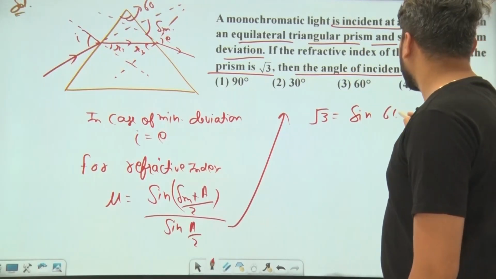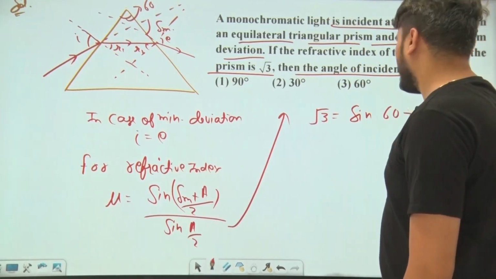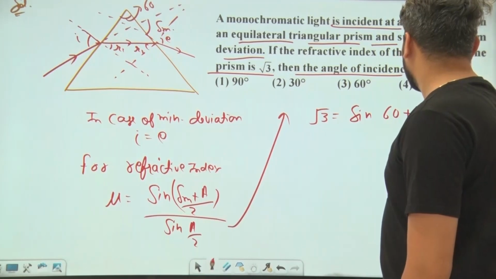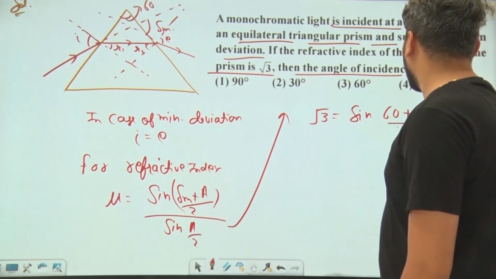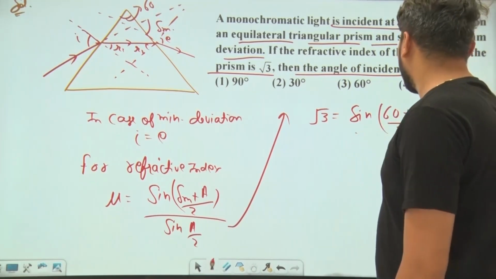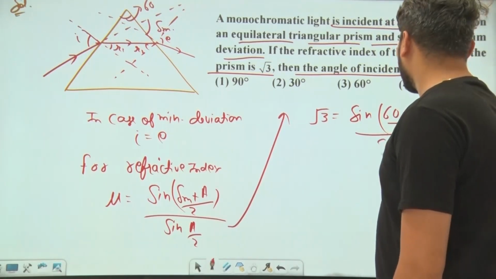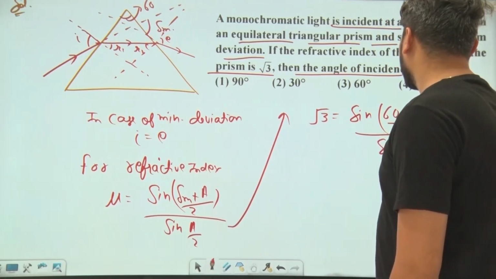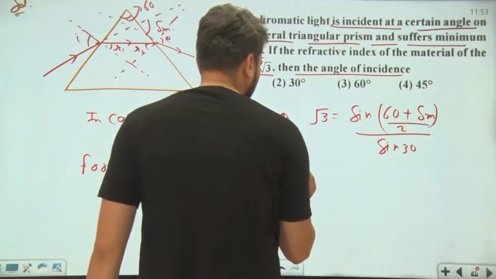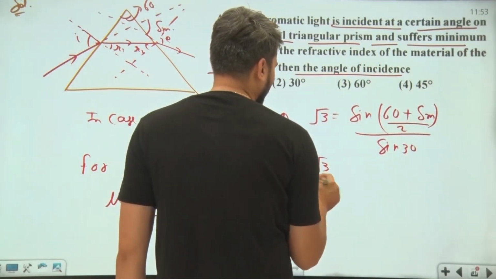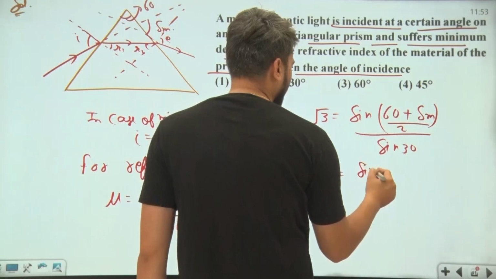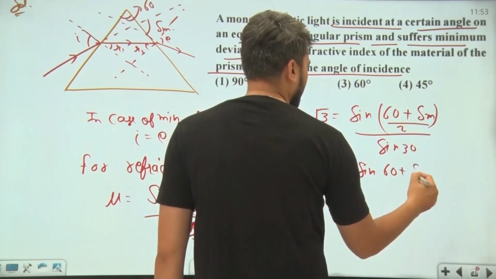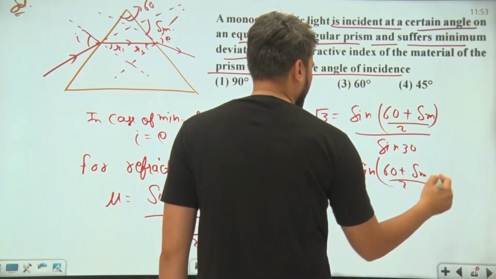So this one is 60 plus lambda m by 2, divided by sine 30. Sine 30 is 1 by 2. So this one is √3 by 2 equals sine of (60 plus lambda m) divided by 2.